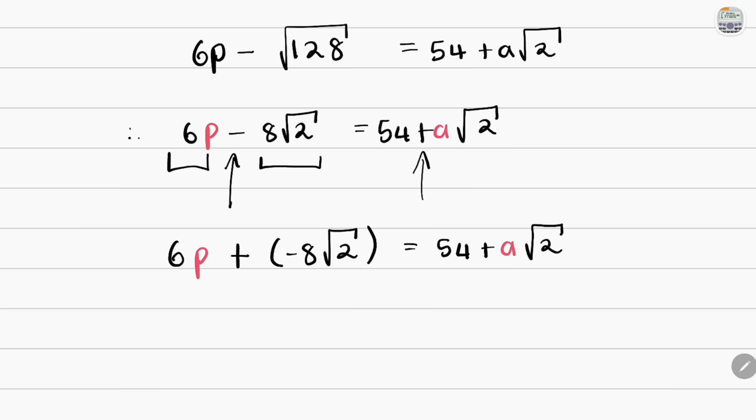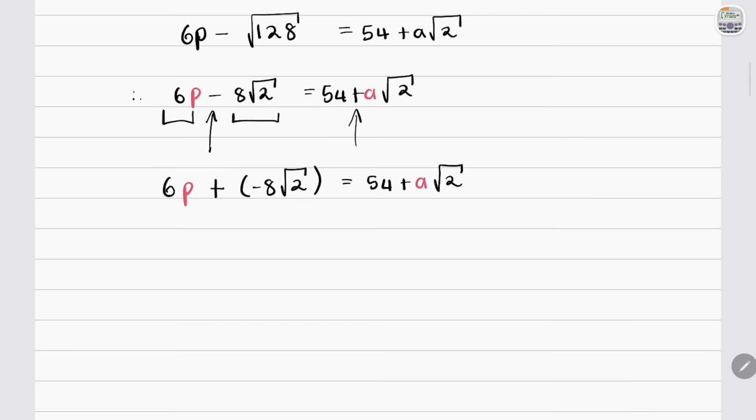Now do you see that in this equation the left-hand side and right-hand side are actually exactly the same? The 6p is the 54. And then the negative 8 square root 2 and the a square root 2, those are the same thing. And so we can see that a is actually equal to negative 8, and then, of course, 6p is equal to 54.